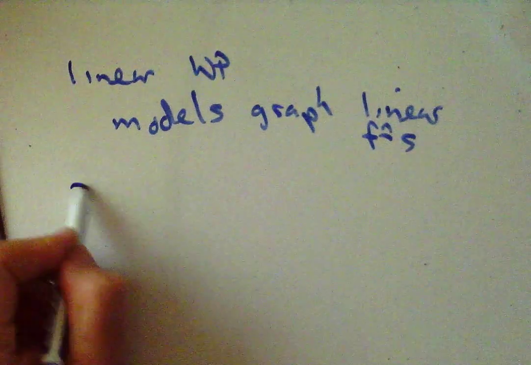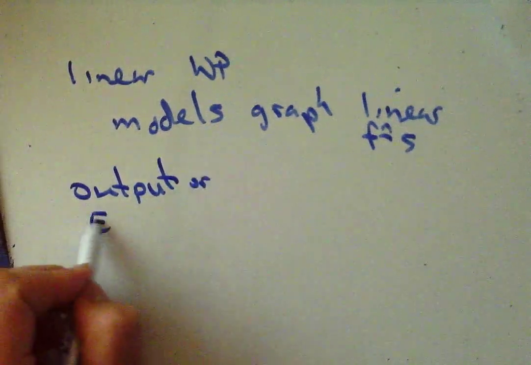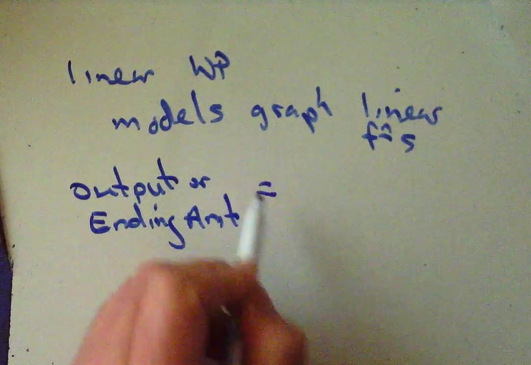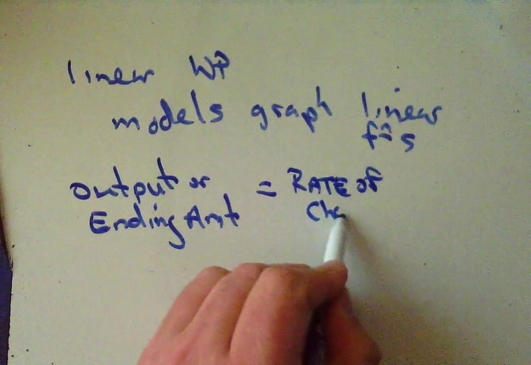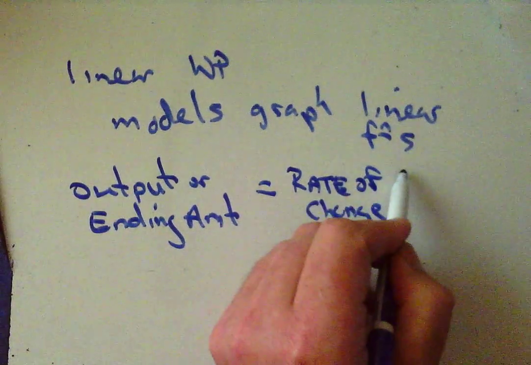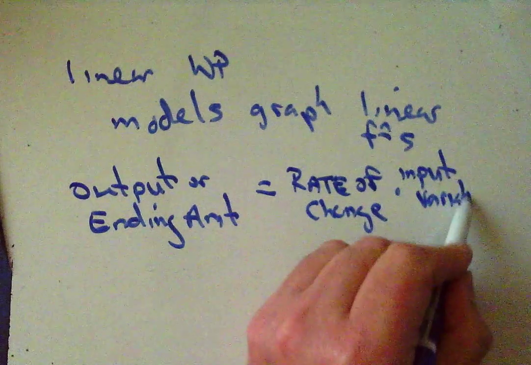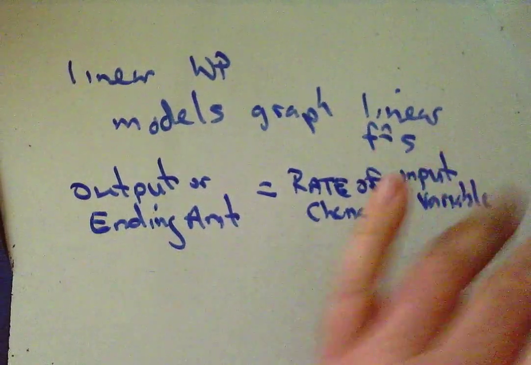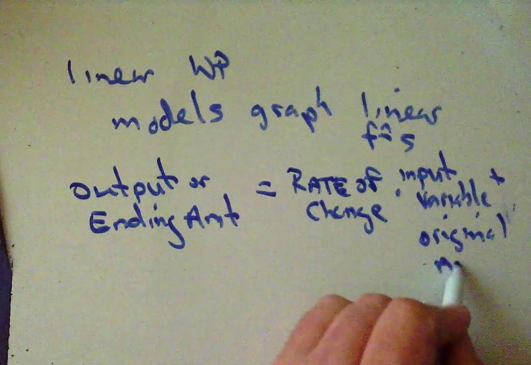The output or ending amount equals the rate of change times the input variable plus the original amount.